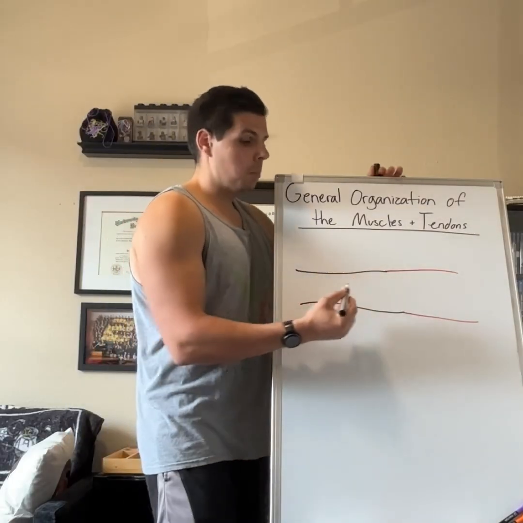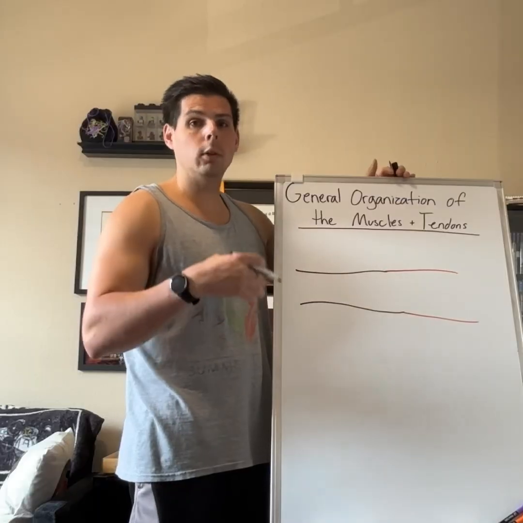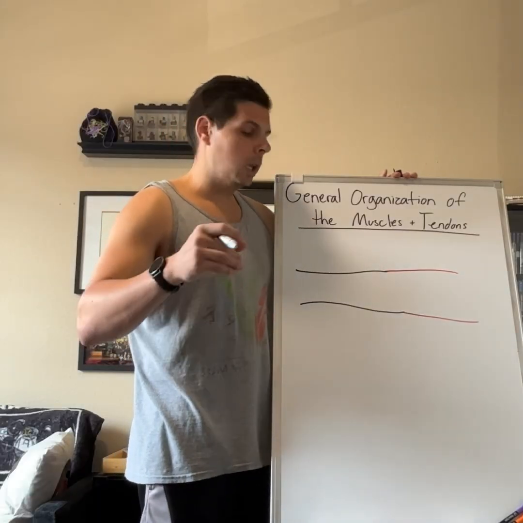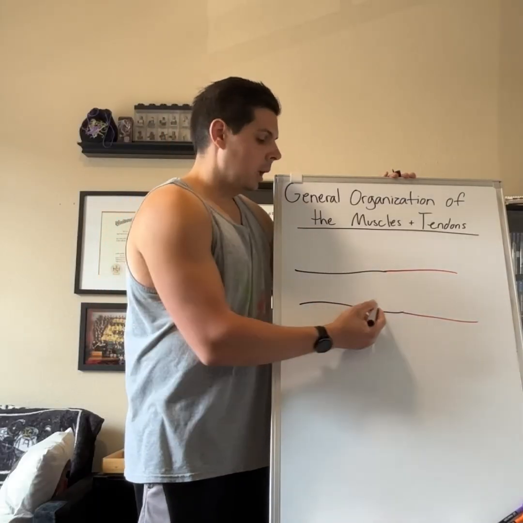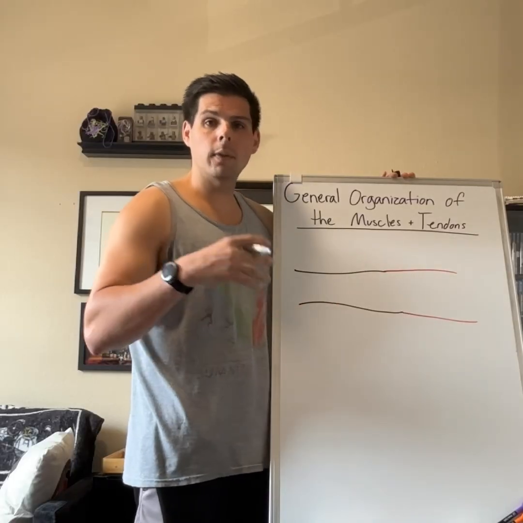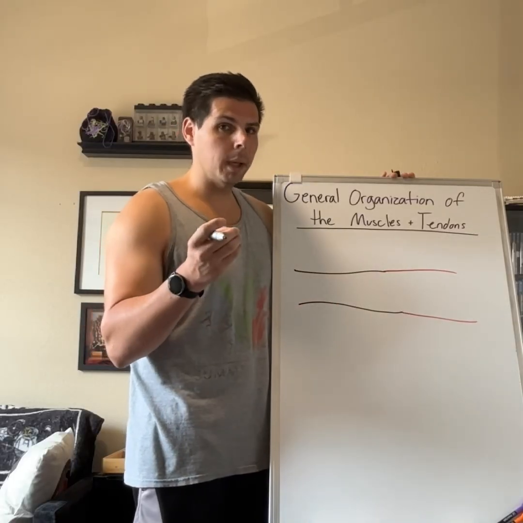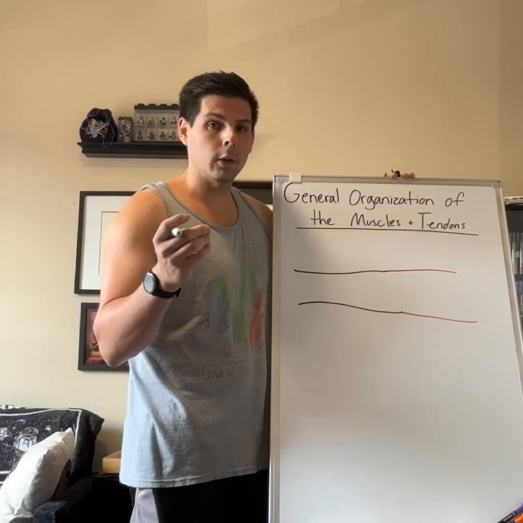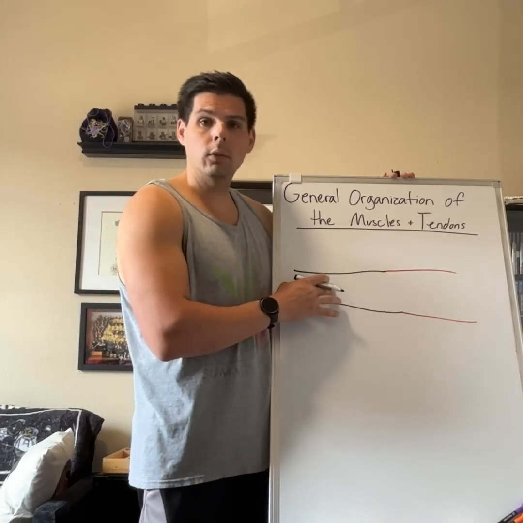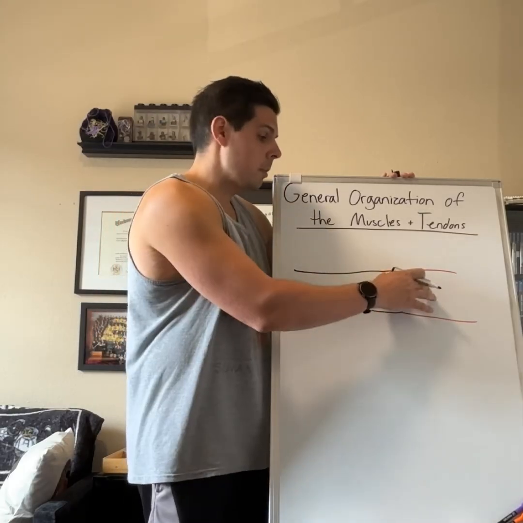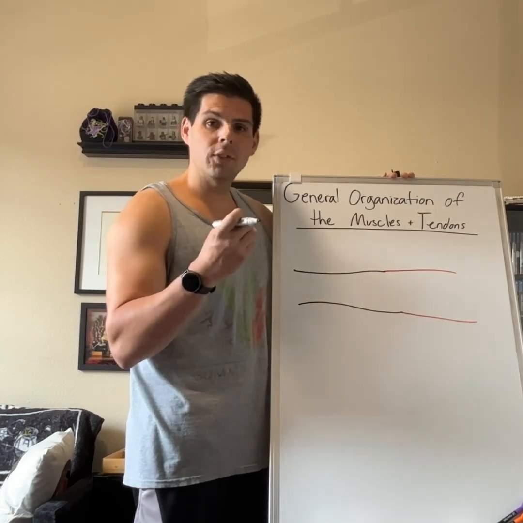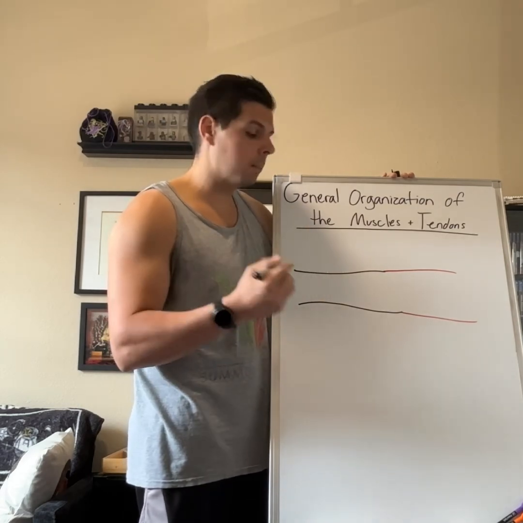Compared to muscle fibers, which have the capability to stretch and elongate and have some plasticity to them, tendon by comparison is very stiff. There's a little bit of give to it, a little bit of stretch, but tendon is very stiff. It needs to be able to transmit the forces from the muscles into the bones, and that stiffness is what allows that to happen.